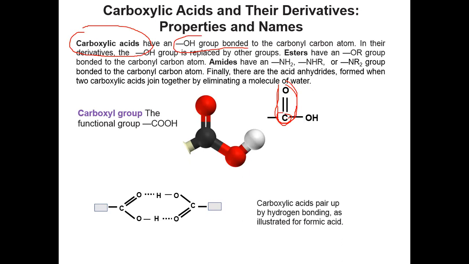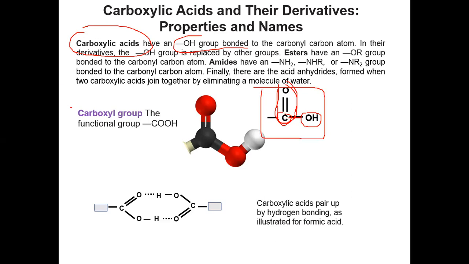And if to this group there is also OH, then this is considered a carboxylic group, and this carboxyl group determines the properties of the carboxylic acid.